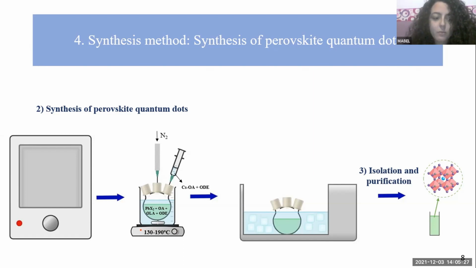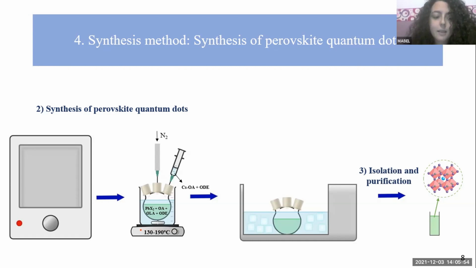After complete solubilization of the salt, the temperature was raised to between 130 and 190 degrees for tuning the nanocrystal size. The cesium oleate solution, prepared as described before, was quickly injected, and 5 seconds later, the reaction mixture was cooled by the ice water bath.